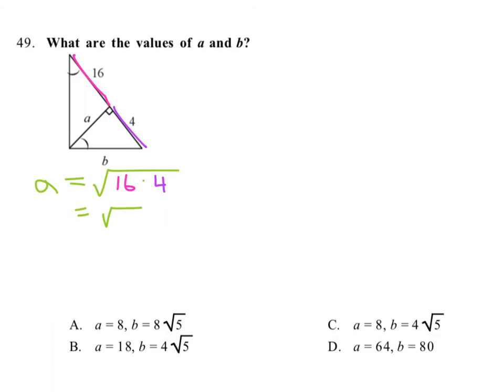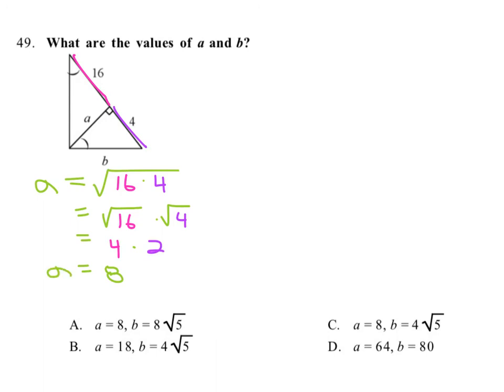And when we do that, what do we get? Well, the square root of 16 is 4 times the square root of 4, which is 2, equals 8, just like we knew.